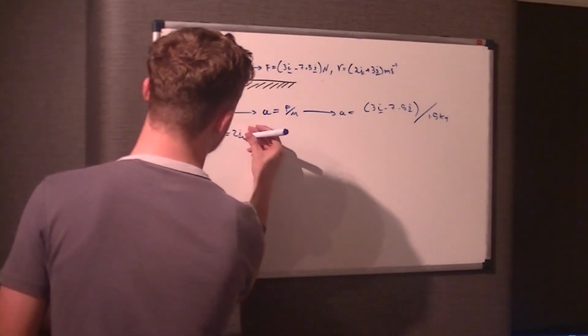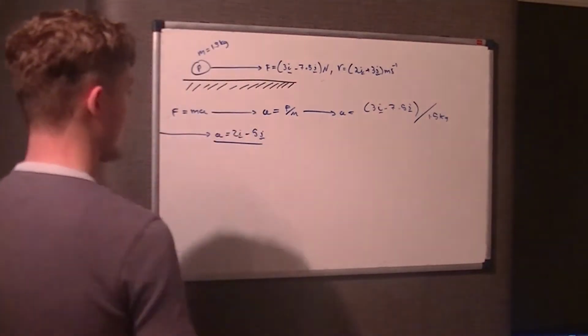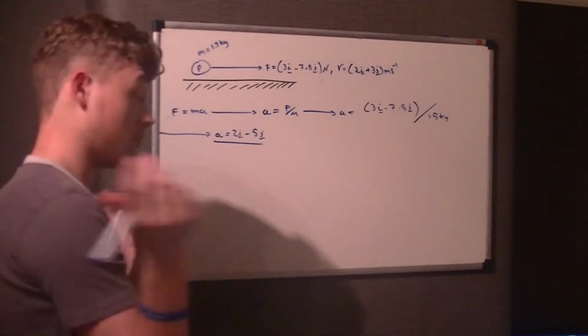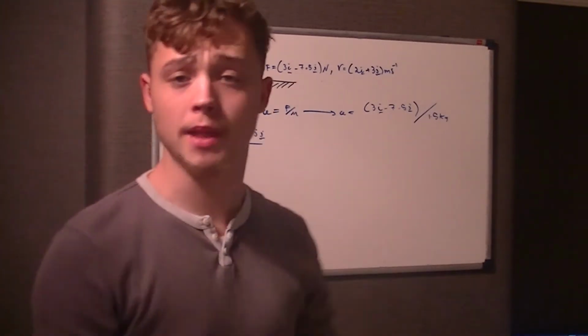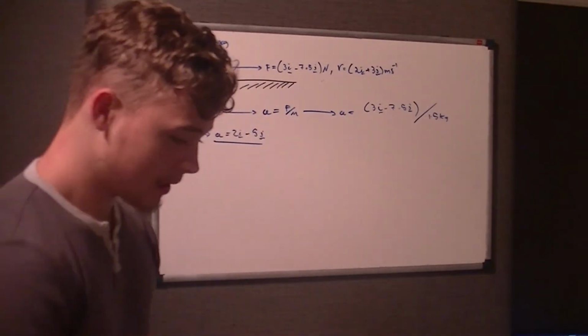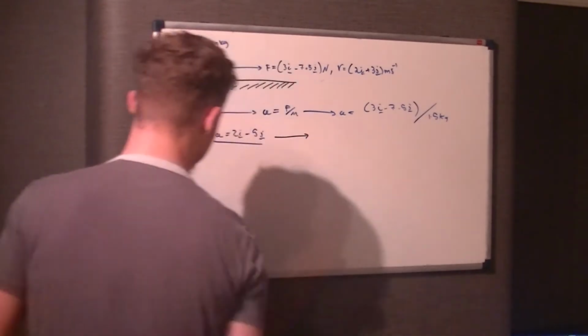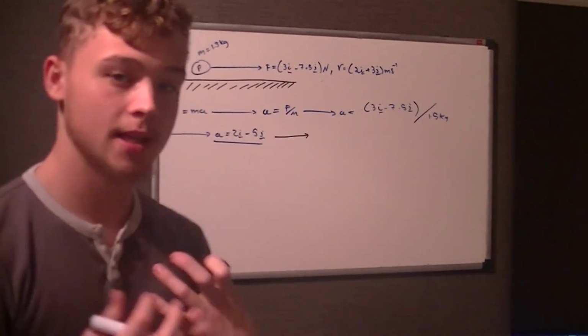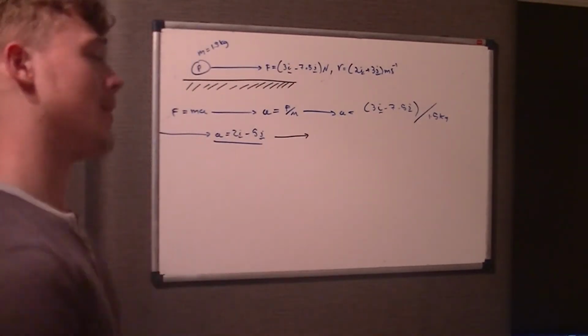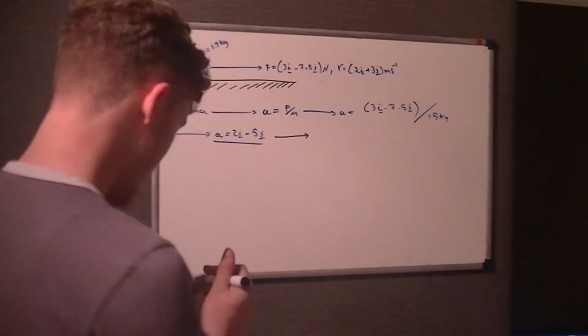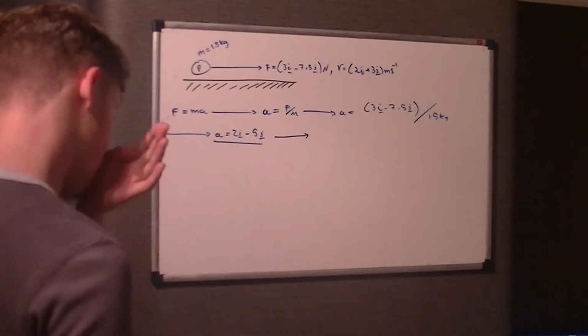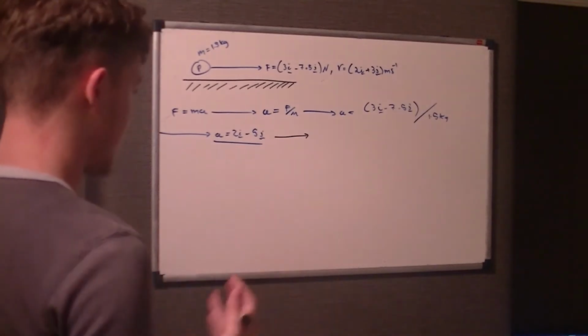Don't forget the little ones underneath, that's crucial. Now we could stop there and say we've got the acceleration, there you are, and leave it because I'm lazy. But I'm not going to stop there, because that's the acceleration vector, but the question wants the acceleration. If it said acceleration vector, yes we could leave it there, but it doesn't. The only way to get the magnitude of something is by using Pythagoras' theorem.